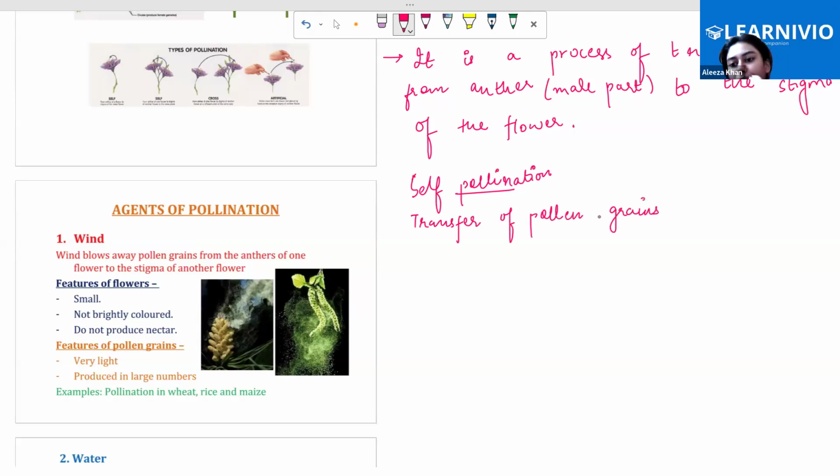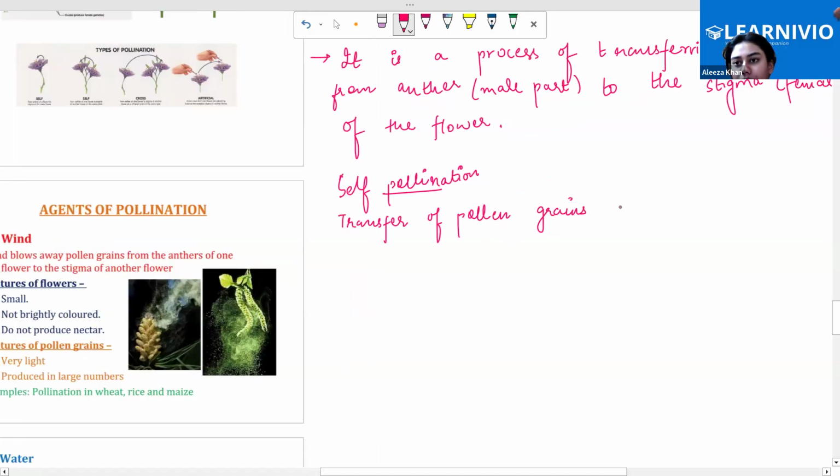That means the self-pollination is taking place within the bisexual flower. Transfer of pollen grain from anther to stigma of the same flower.